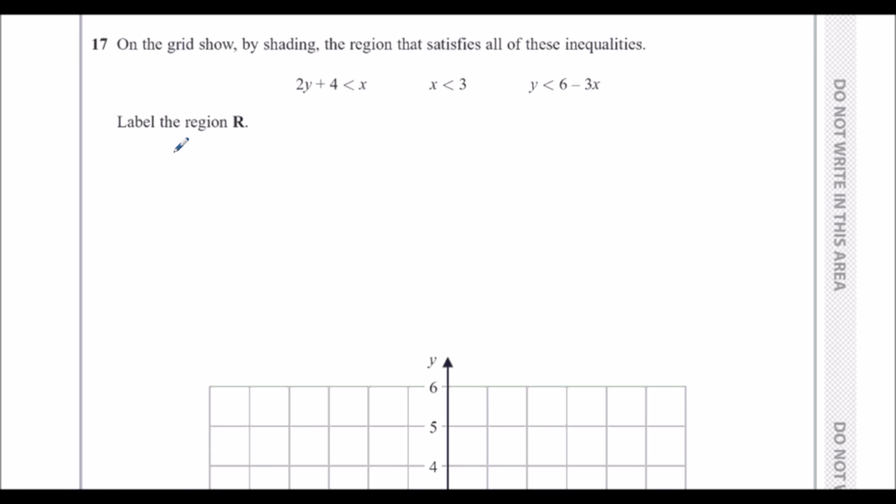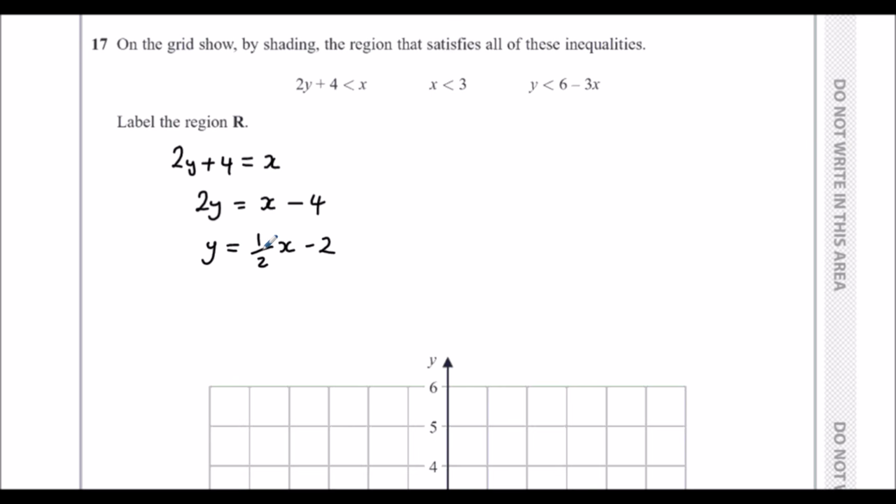So we've got 2y plus 4. We're going to draw the line 2y plus 4 equals x. I think we will rearrange it to make it y equals. So 2y equals x minus 4, and then half it. So y equals half of x minus 2.